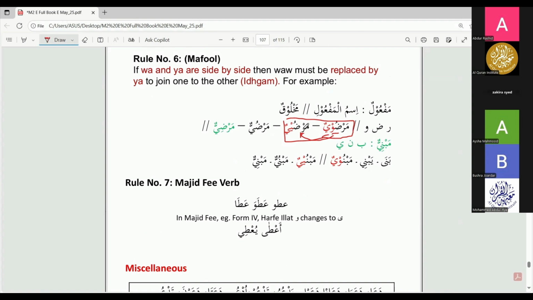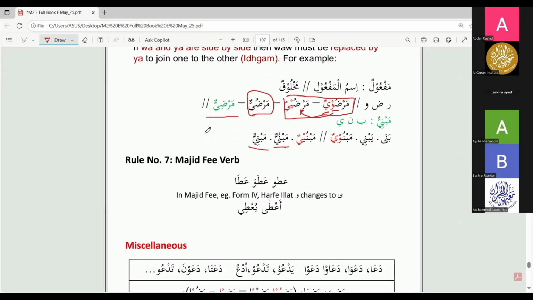So it becomes marduyun, but as we see, it's difficult to pronounce. So after ta'lil process, it became marduyun. The same way, mabnuyun was changed to mabniyun.